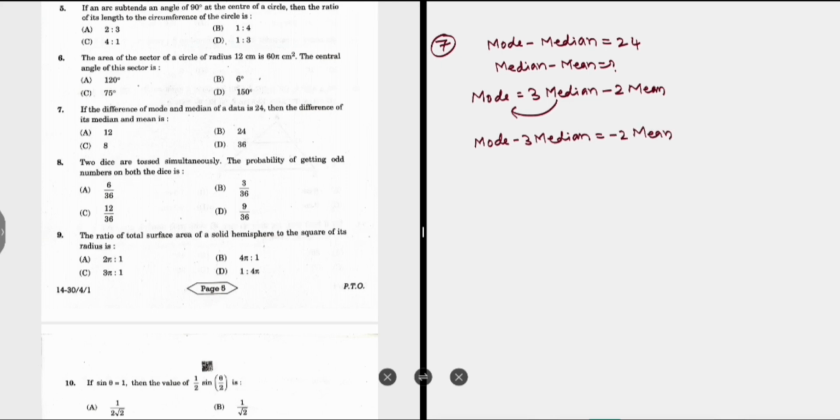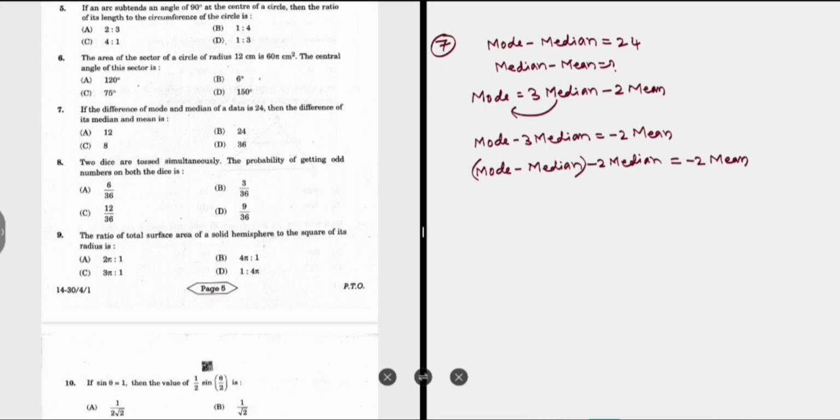Now let's arrange this mode minus 3 median as mode minus median minus 2 median. I am arranging this 3 median only as minus median, again minus 2 median, is equal to minus 2 mean as it is.